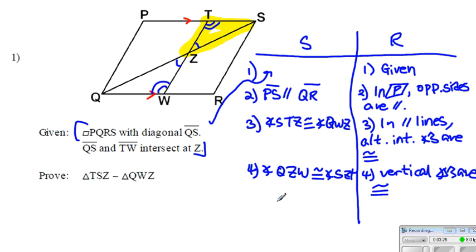All right. Now, since we made up the two pairs to be congruent, step number 5, then we can say finally, triangle TSZ is similar to triangle QWZ. Now, reasoning would be AA postulate. All right, that's it. Let us move on to the second question.